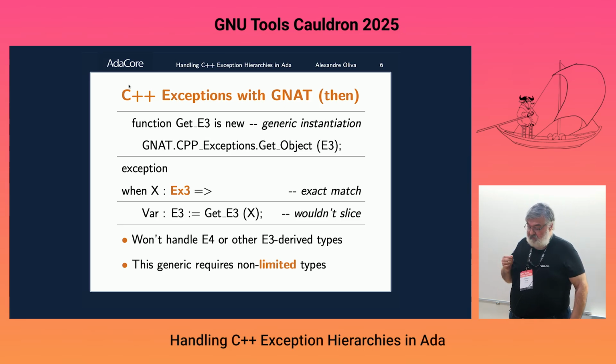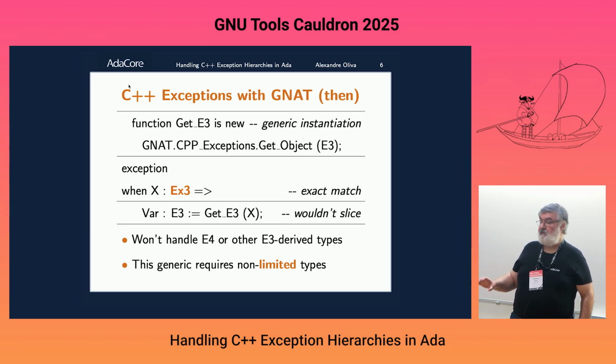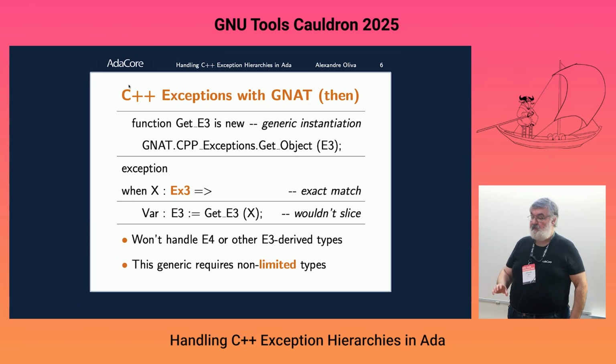Now, as I mentioned before, back then, before the extensions that we made recently, you can only have exact matches for the types. So this will not handle E4 objects, only E3 objects. And the other problem here is that the getObject generic function does not accept limited types.